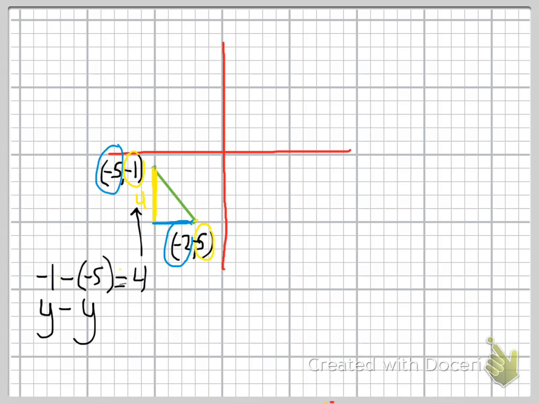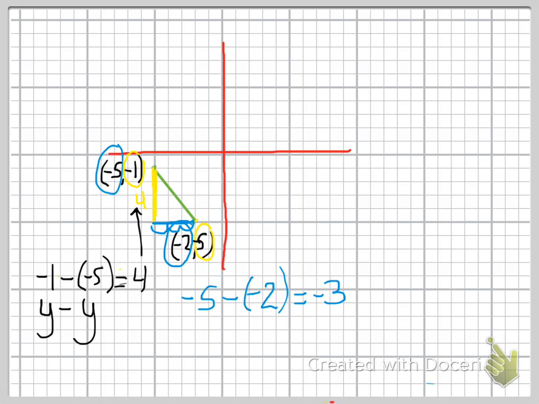So if I use that same thinking and I take my x's, -5 take away -2, I get -3. And this is 3 units. I know you can't have a negative unit, so hold on, okay? But can you see that that's 3, whether it's positive or negative?